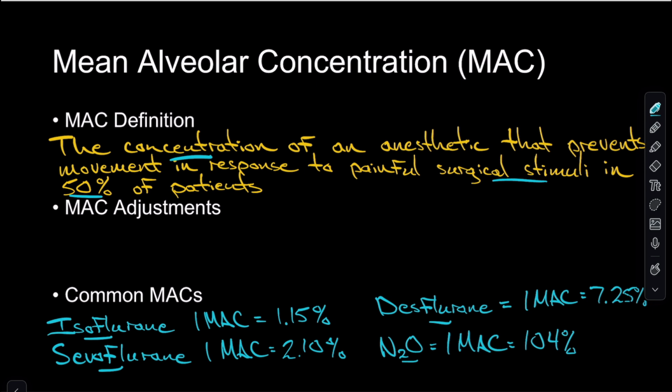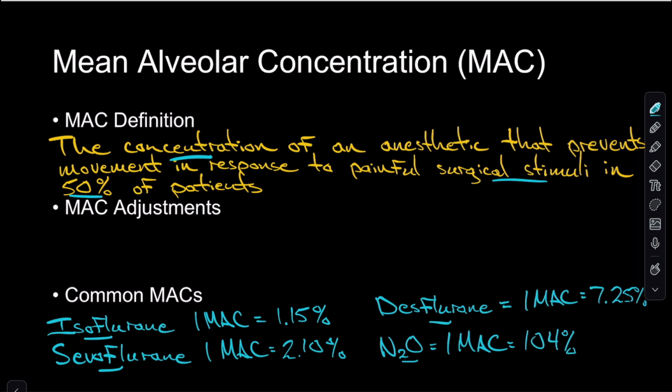However, MAC values are additive. If you were trying to combine two gases, you could use half a MAC of isoflurane and half a MAC of nitrous, and then add those together to get the equivalent of 1 MAC. And 1 MAC is a standard effect on the patient that you can anticipate in understanding how deep into anesthesia they will be.